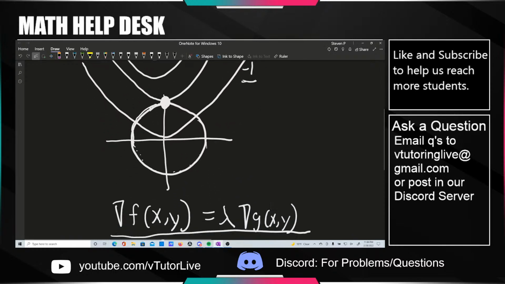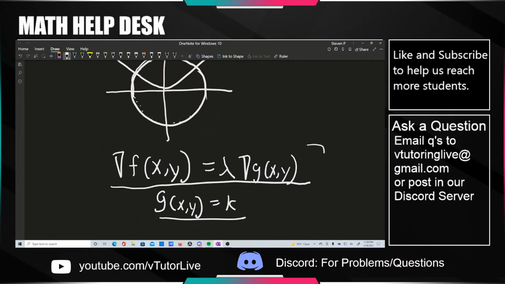The insight behind Lagrange multipliers is that this is the key system of equations to solve, where gradient of f is equal to lambda times gradient of g, and the function g is equal to k. So these are your system of equations to solve in order to find critical points, basically.